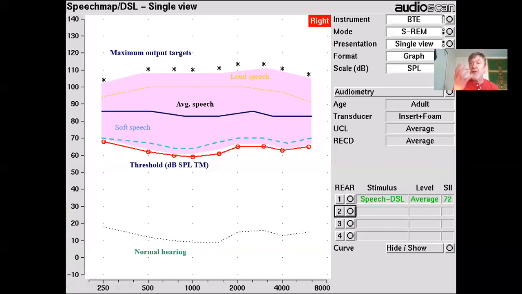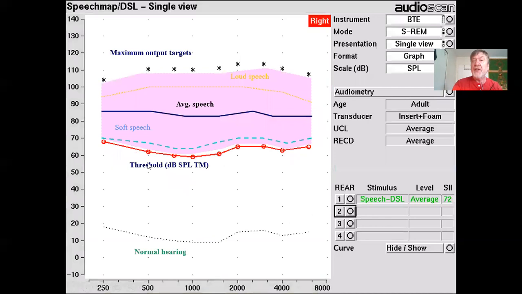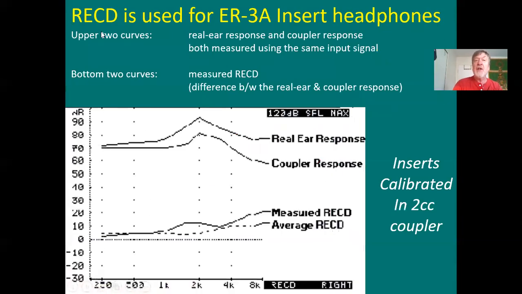So basically, the hearing loss in dBHL must have been 50. Okay? So average minimal audible pressure is used for TDH39s. That's how they change dBHL thresholds into dBSPL thresholds. Real ear to coupler difference is what's used for insert headphones.